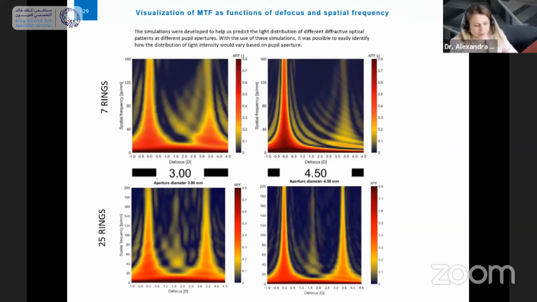So when you just look at the through focus curve or energy distribution, we went further with different simulations and visualizations of how the lens works when the aperture changes. Different simulations were developed to help us predict the light distribution on different diffractive optical patterns at different pupil apertures.